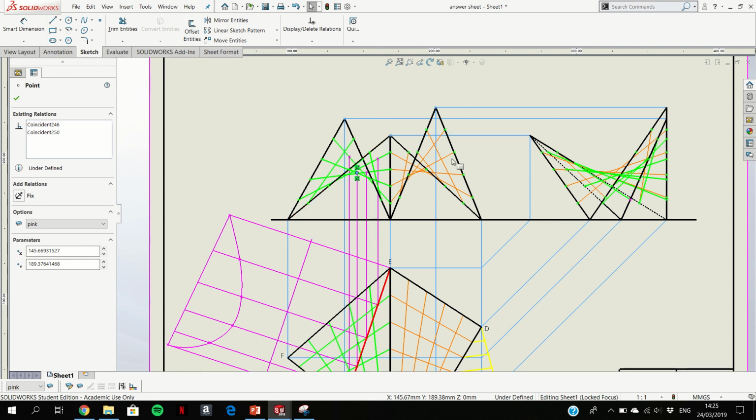We take this point as an example, come across over to here, as that is in the same line, and then go down to there again, and following this line, there it is. So that is just testing your knowledge of orthographic projection to draw that end elevation.